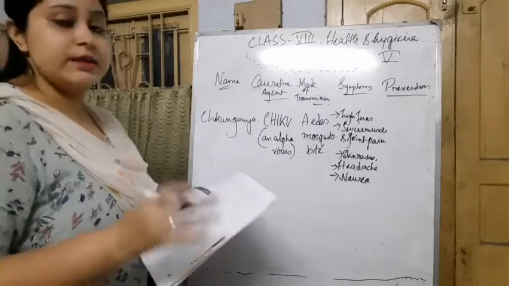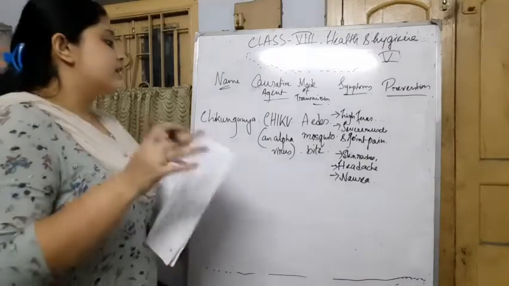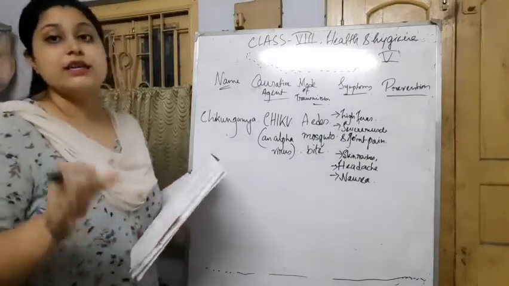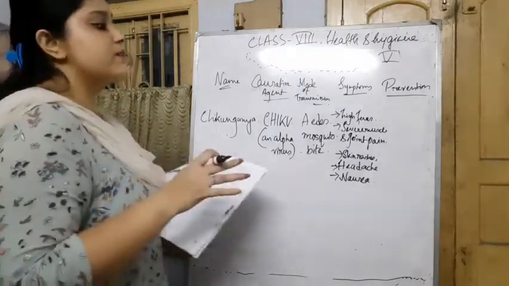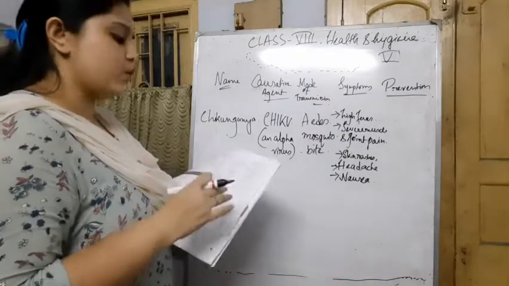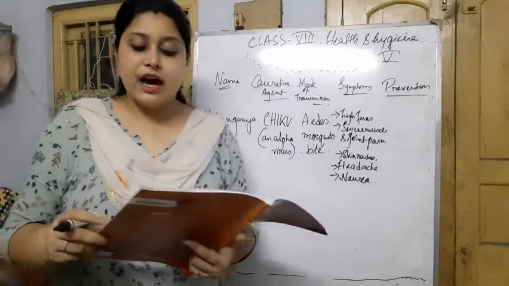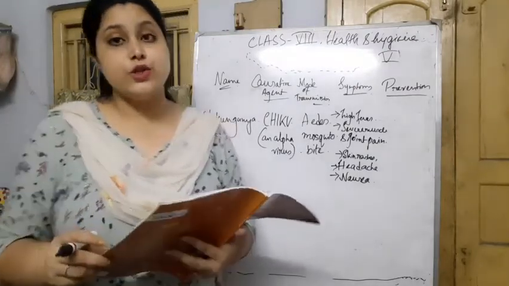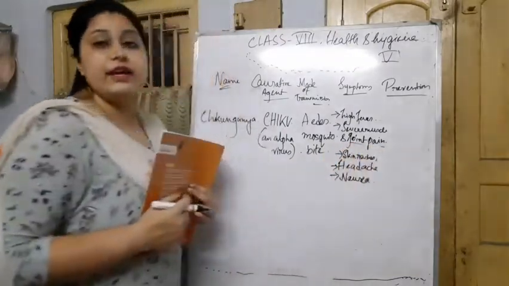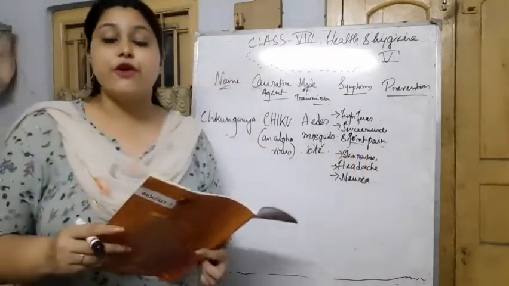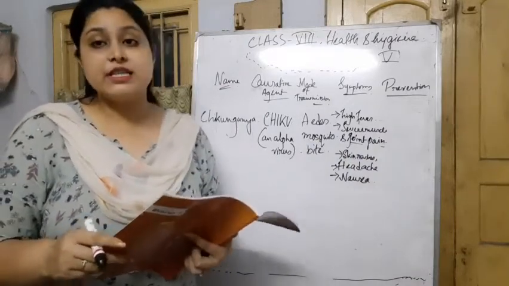After that they test the person and find out the actual reason for the disease, and they determine whether the disease is dengue or chikungunya. Next, the joint pain is very often severe and can last for weeks to months. As I already wrote here, the joint pain is very common and lasts for weeks to months. And next, the preventive measures.